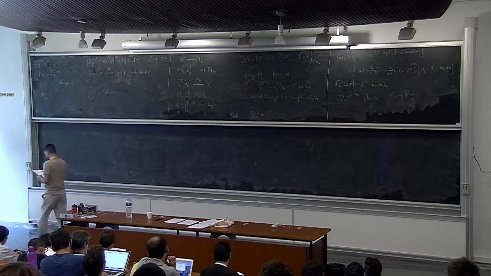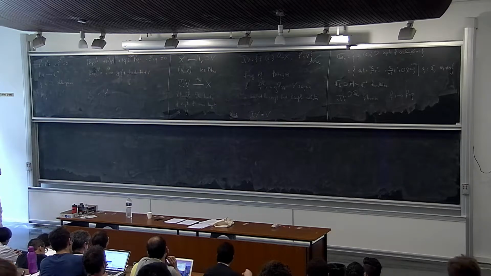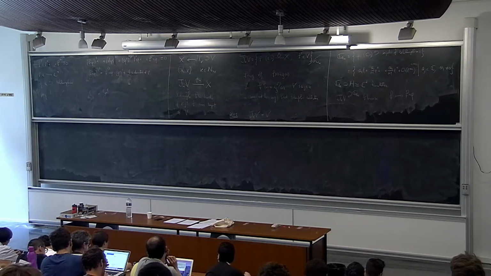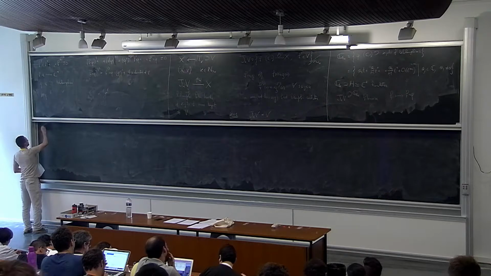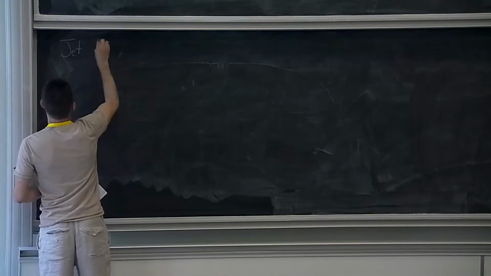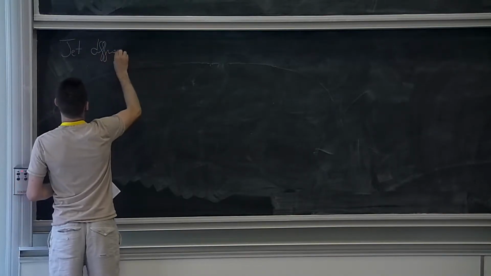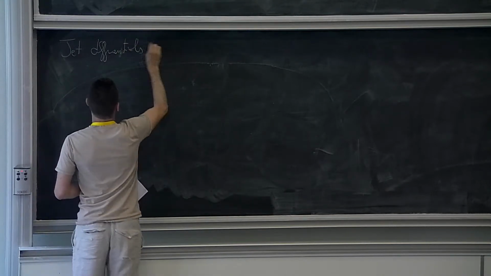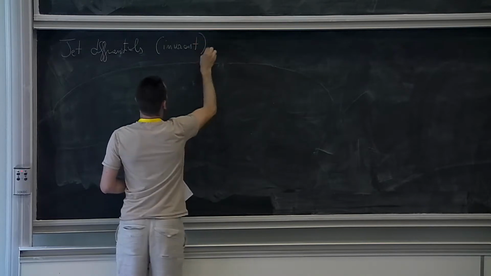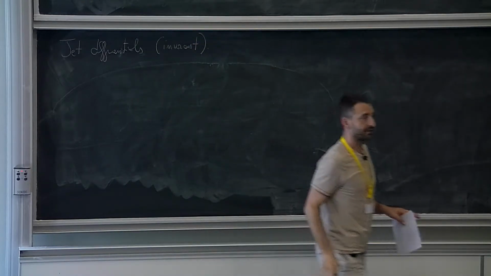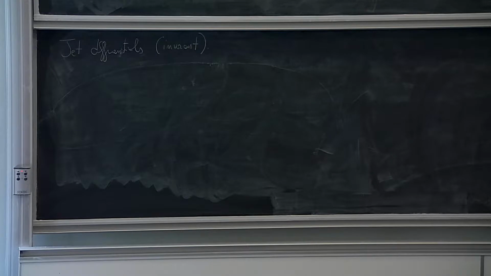Okay. So now out of this, I'm going to construct a vector bundle on X, which is called the vector bundle of jet differentials. I'm going to construct two different kinds, invariant and not.